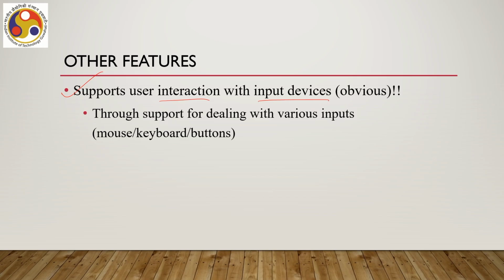The user should be able to interact, and that support is provided for various inputs such as mouse, keyboard, buttons, and for other device specific inputs, you may need to import SDKs where such input support may be provided, which will extend the inbuilt support of Unity.